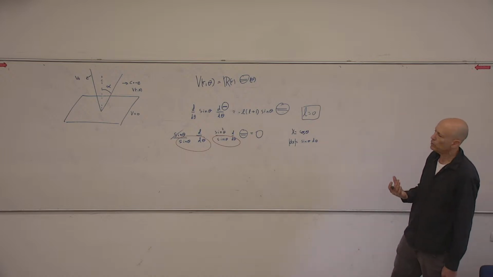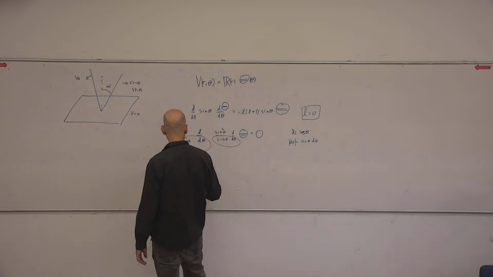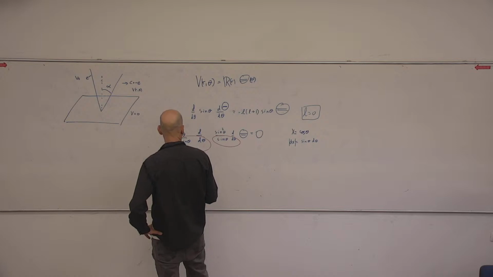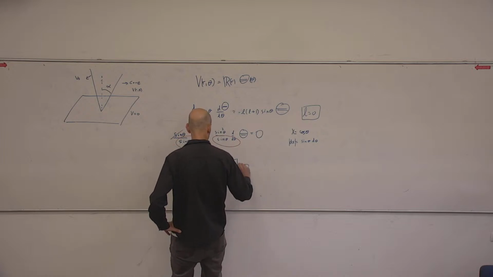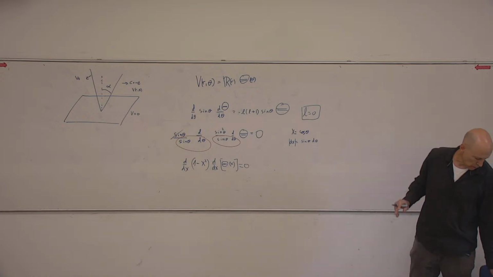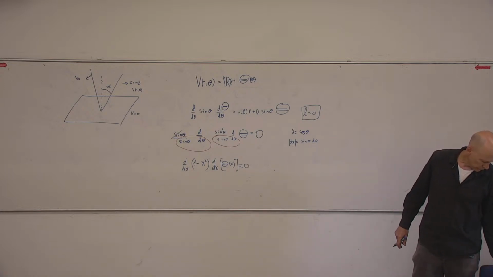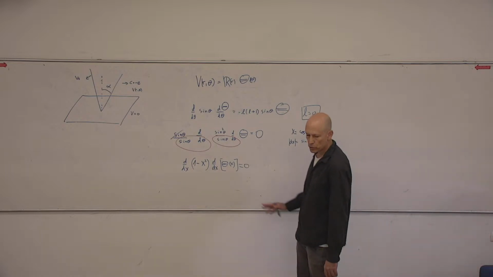And what is sine squared? It's 1 minus x squared. So I get this equation with this definition, d over dx, and now this function, which is a function now of x, equals 0. L is 0, so this equals 0. So what is the solution of this equation?